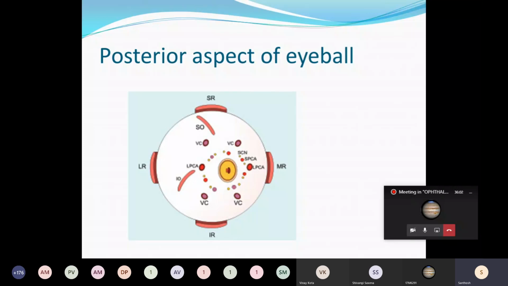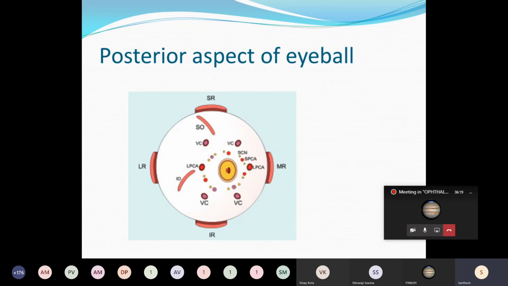As far as the muscles are concerned, you must know that the superior oblique and the inferior oblique are attached on the posterior aspect of the eyeball, while the rest of the muscles are slightly anterior. The superior oblique is attached superiorly, while the inferior oblique is attached inferiorly.